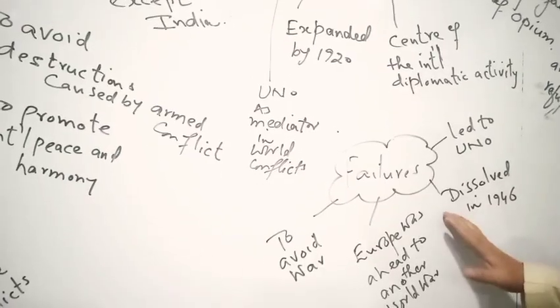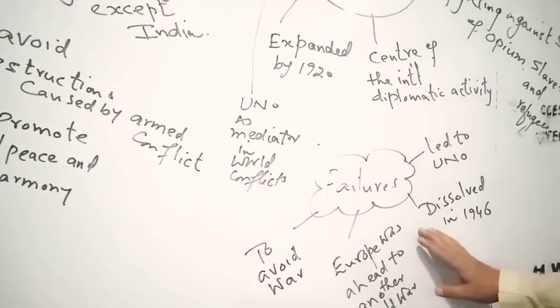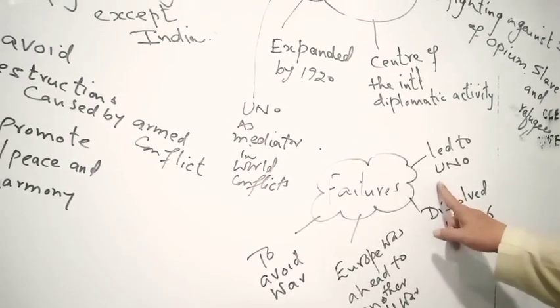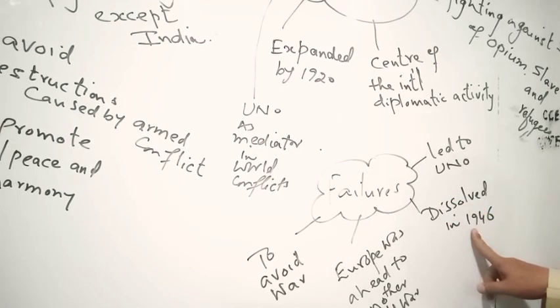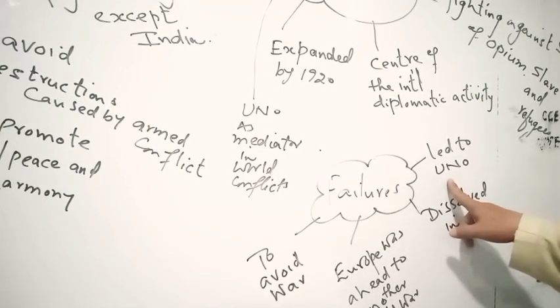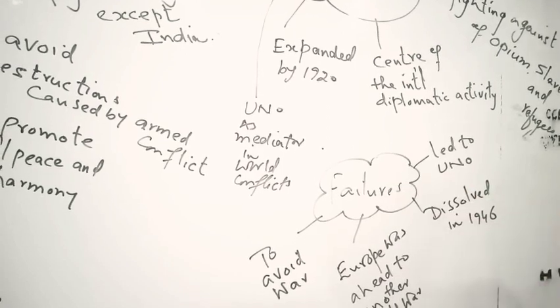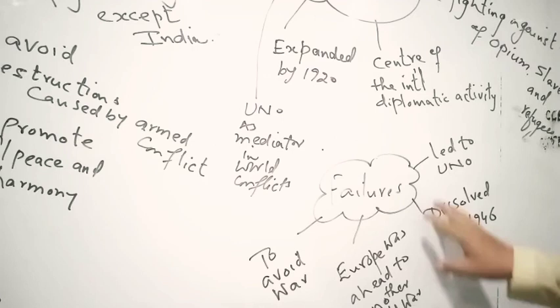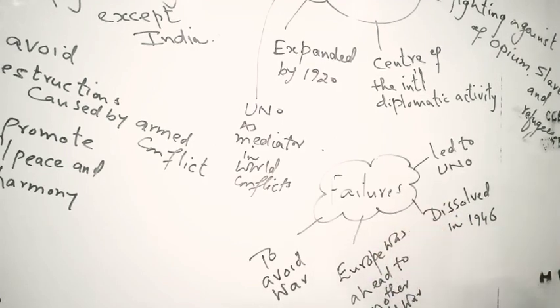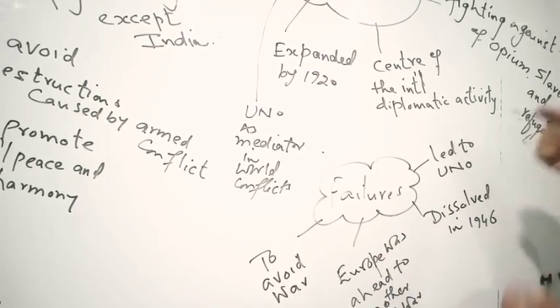So it was dissolved in 1946, but it led to the United Nations organization after the Second World War. When the Second World War finished, the United Nations organization was made, and it is still working.